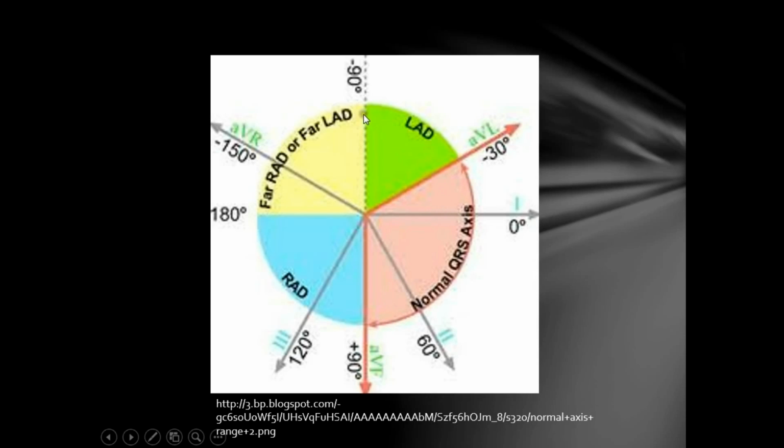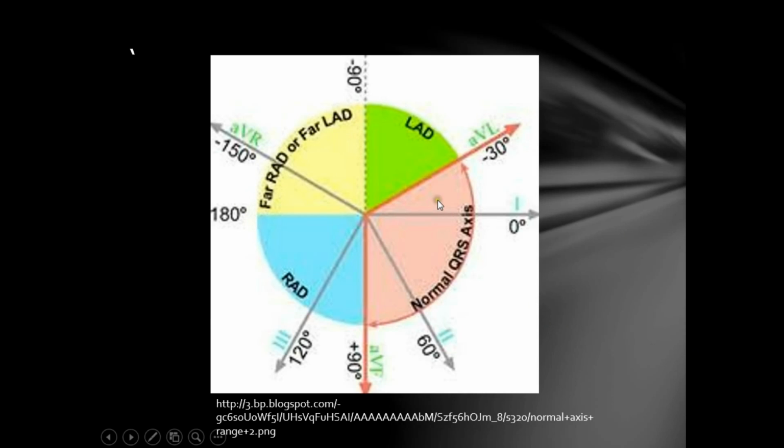The left axis deviation is anywhere between minus 30 degrees to minus 90 degrees. A right axis deviation is anywhere between positive 90 degrees to positive 180 degrees. And finally, the extreme axis deviation, which is anywhere between minus 90 degrees to positive 180. So, right here.